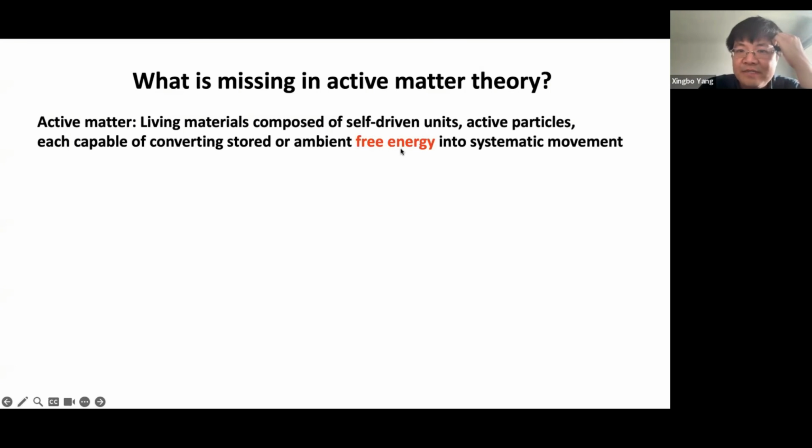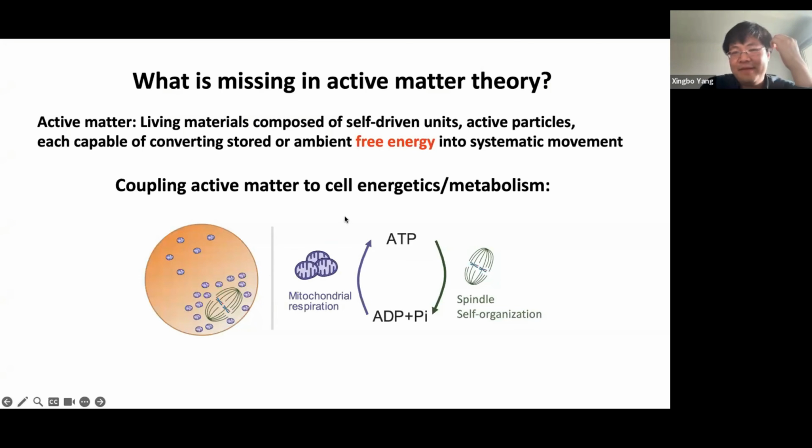The keyword here is free energy, which is also dissipated at the single particle level. The field has studied the dynamics of active matter, but really, like Yash was asking, how do you put energy into the picture explicitly? This is where energetics comes into play.